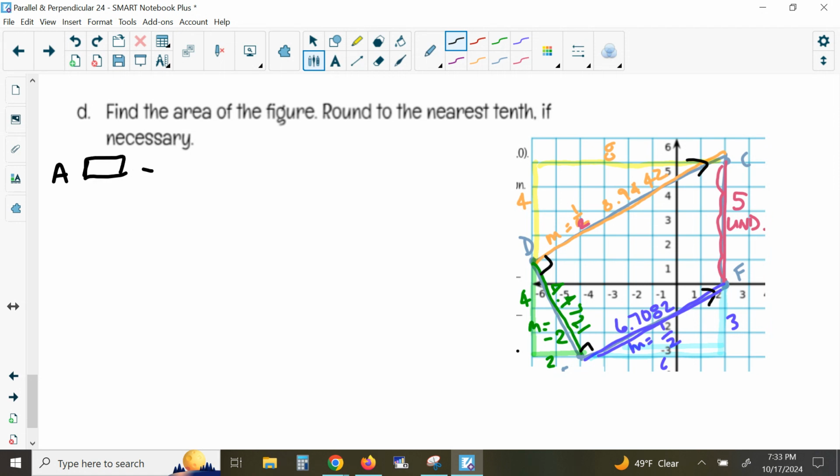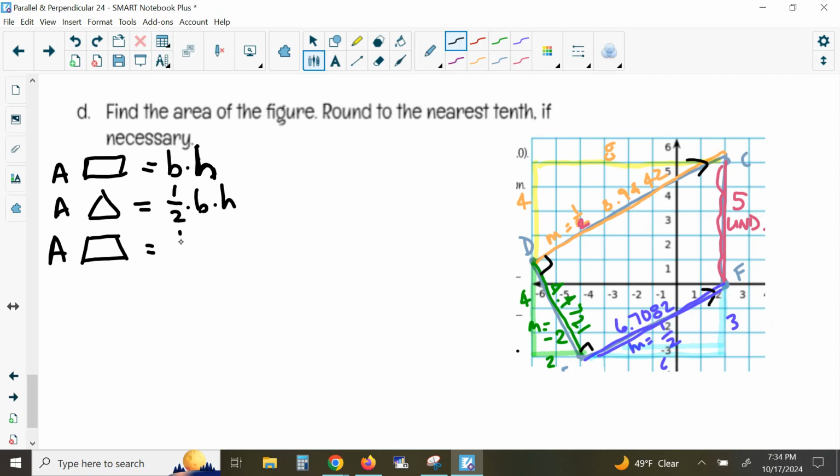We know that that equals base times height. We also know the area of a triangle is on our formula sheet, and that is 1/2 times base times height. We actually also learned a trapezoid, which is actually what this is. So we could use the formula for a trapezoid.